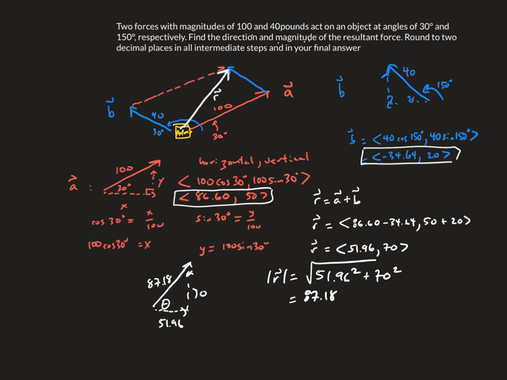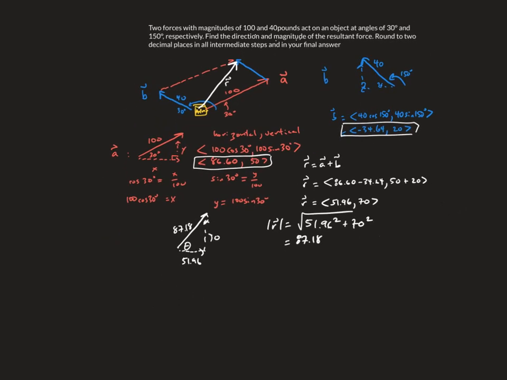So we know that the tangent of our angle theta is equal to 70, that's our y value, our vertical component, divided by 51.96. So theta is equal to the inverse tan of 70 over 51.96. Now I've got to use our calculator for that. Second, tan, which is tan negative 1.